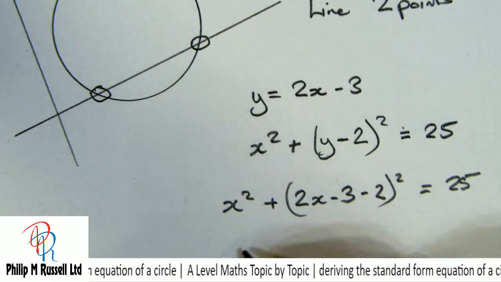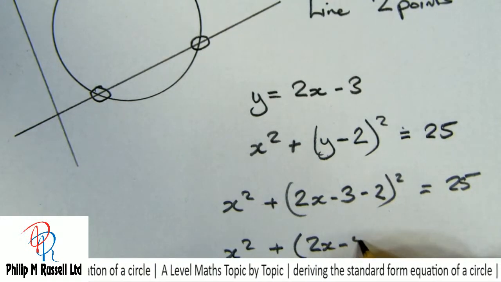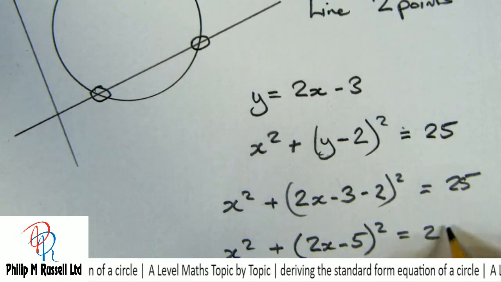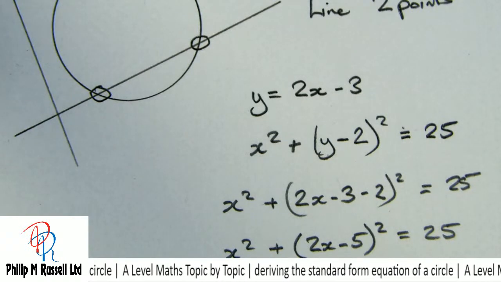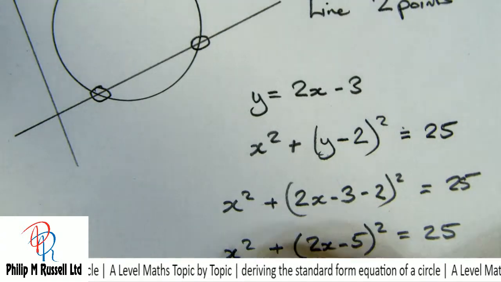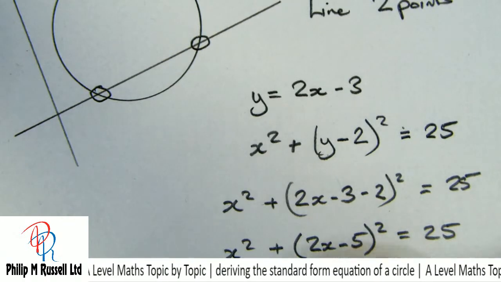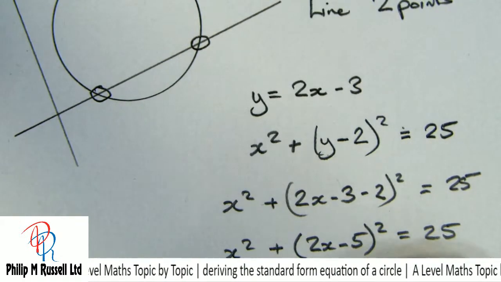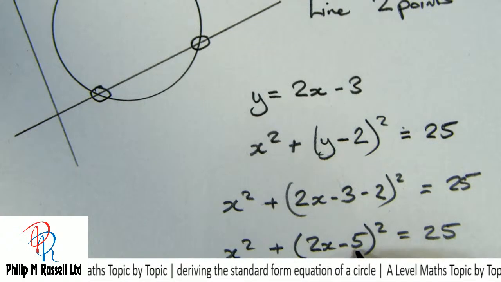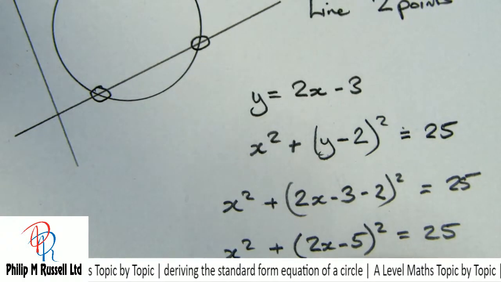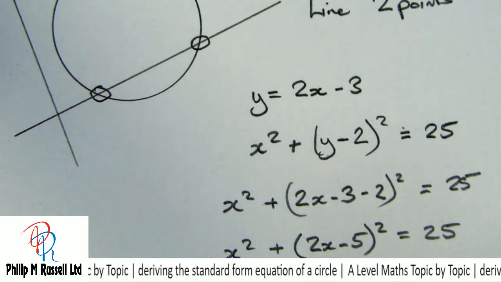So this is x squared plus 2x minus 5 all squared equals 25. Squaring this out gives 4x squared, then 2 times minus 5 gives minus 10, so minus 20x, plus 25 here.